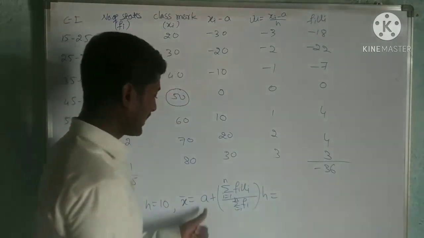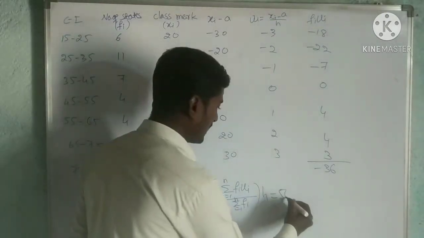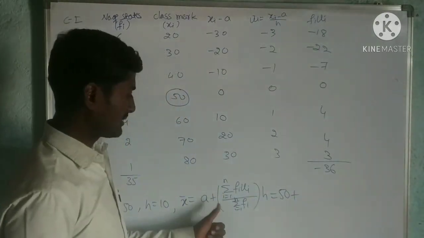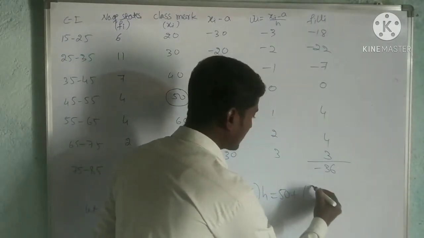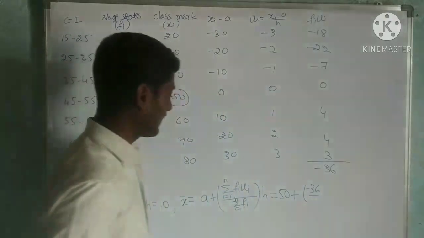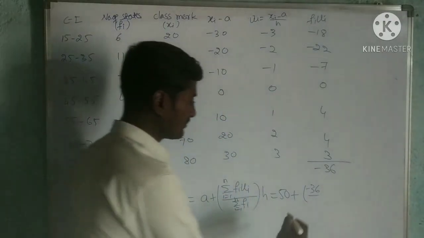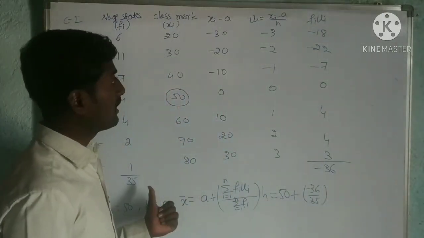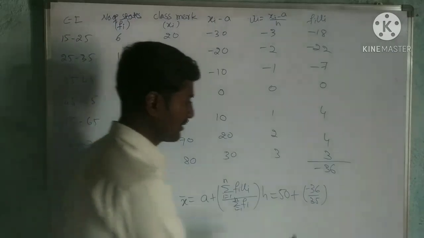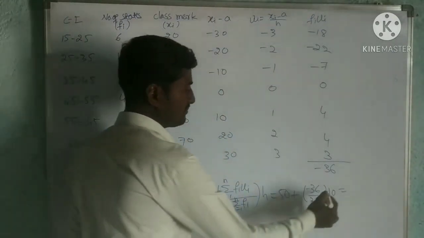That is equal to A, which we already took as 50, plus the sum of Fi Ui, which I got as minus 36, divided by the sum of Fi, that is 35, into H. H I have taken here is 10.